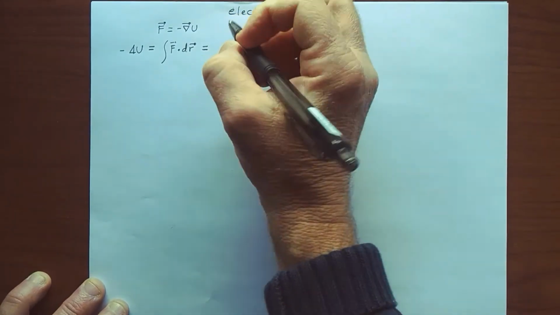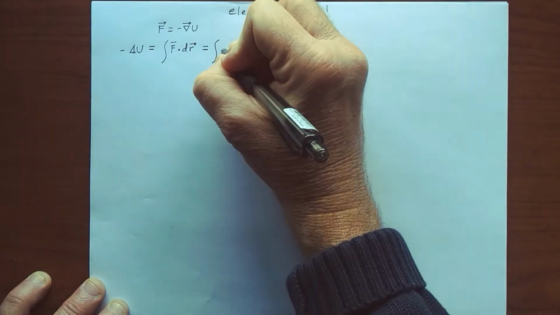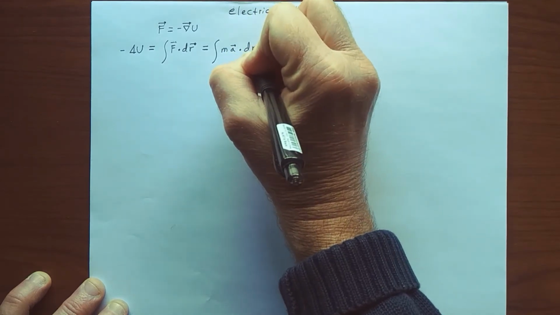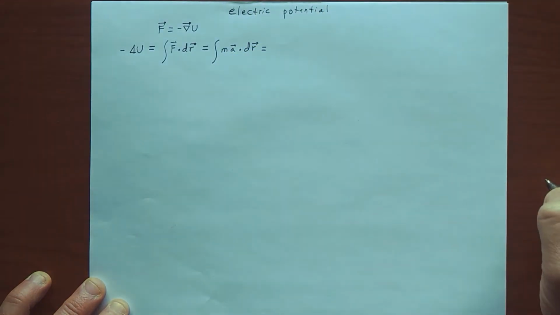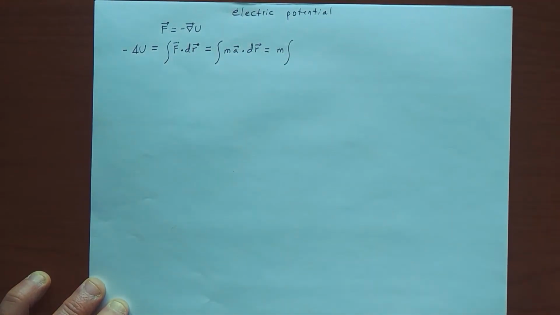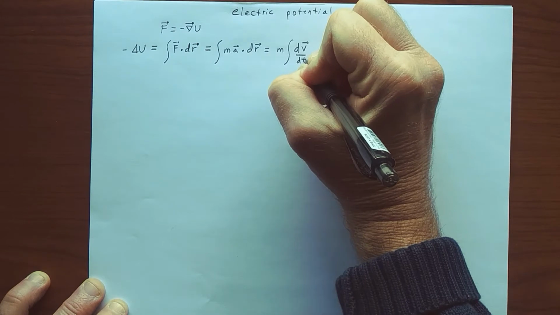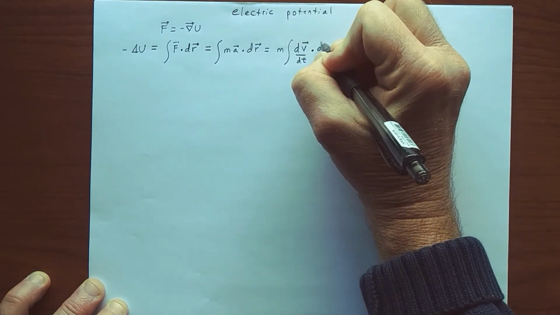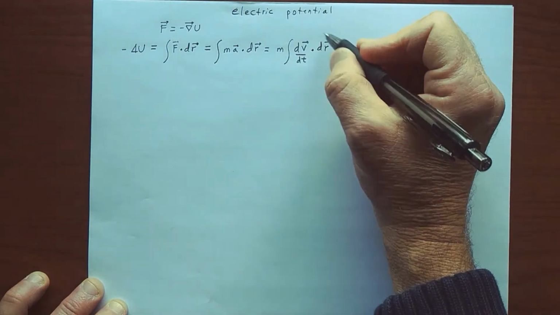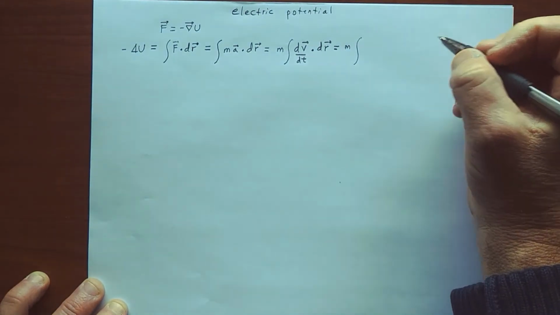And of course the work is equal to a difference in kinetic energy, as we can show using Newton's second law, F equals ma. So I'll replace F with ma. I still have dot dr, integrate that over a distance. Mass is a constant, and we end up replacing a with dv by dt by definition, dotted in dr. Right, so we're trying to write this whole quantity in terms of velocity, so we can recognize that the mass is on the outside.